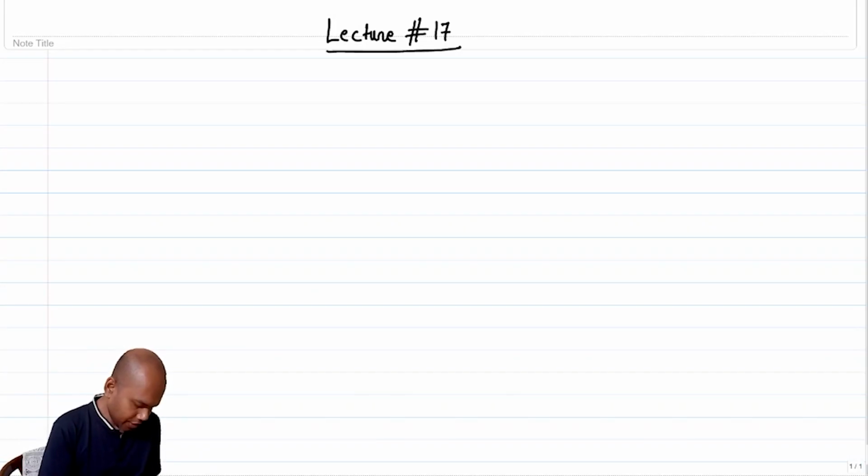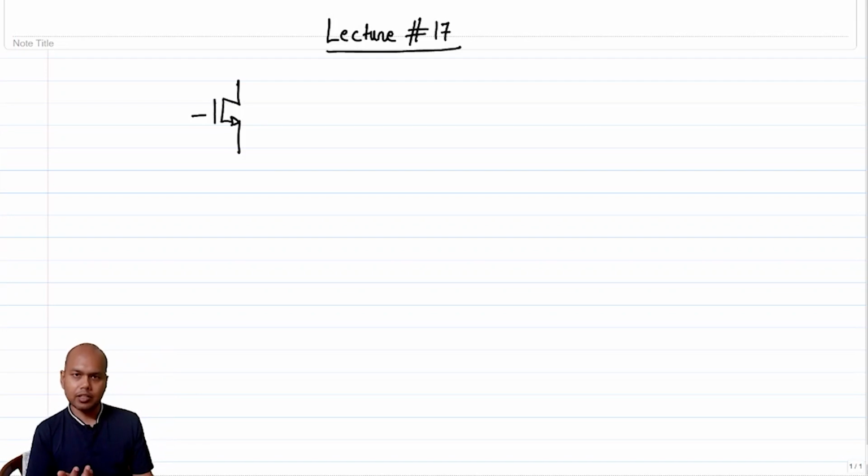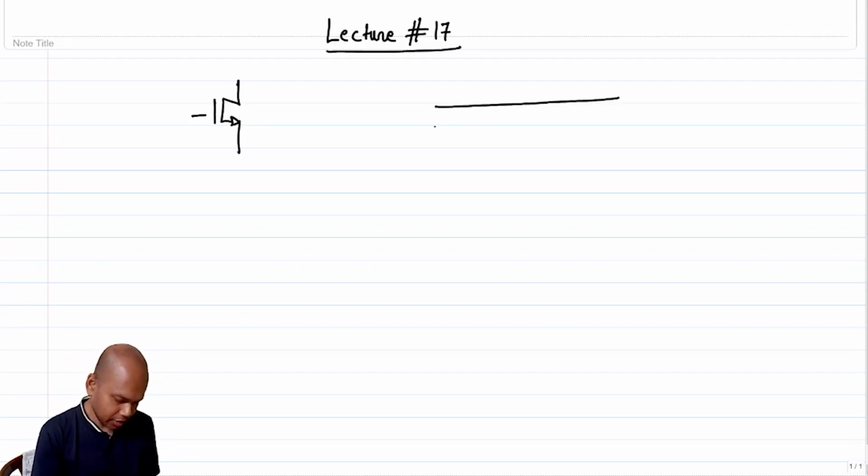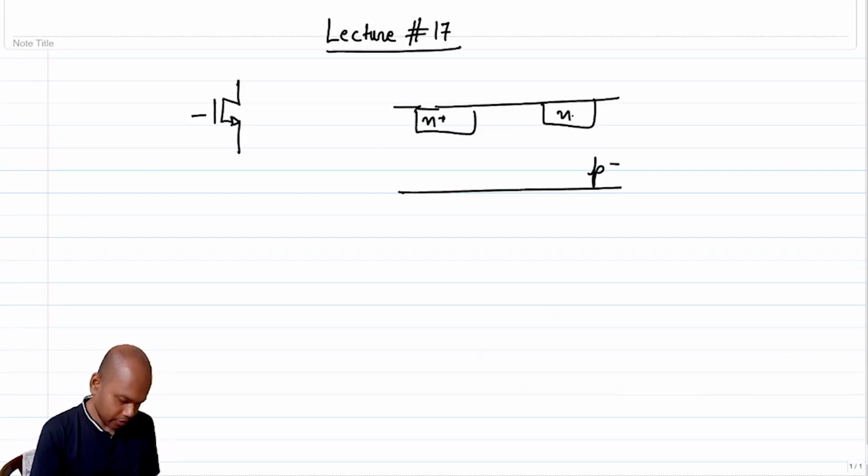So if you have a transistor, let's take the example of an NMOS transistor, and let's assume this is biased in saturation, right? The cross section of it looks like this.